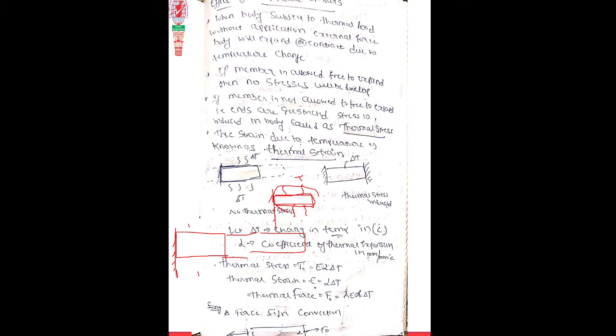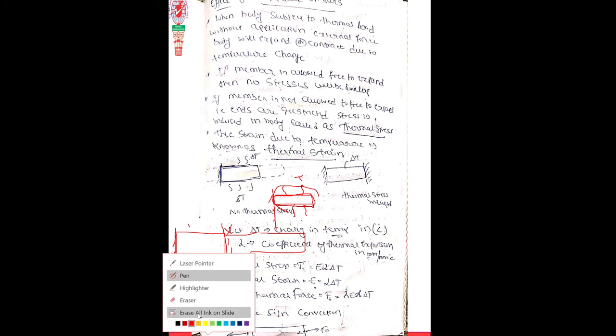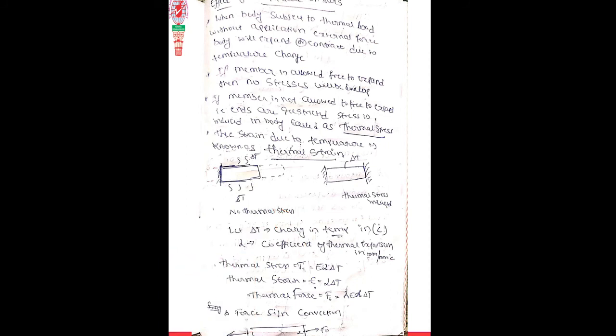But if I restrict this side also, then it can't expand freely, and stresses will be developed. Keep this in mind: whenever a member's free expansion is restricted when it is exposed to temperature, stress will be developed, and that stress due to temperature is known as thermal stress. Otherwise no stress will develop, only free expansion. That is a very important concept in the thermal case. Understood?